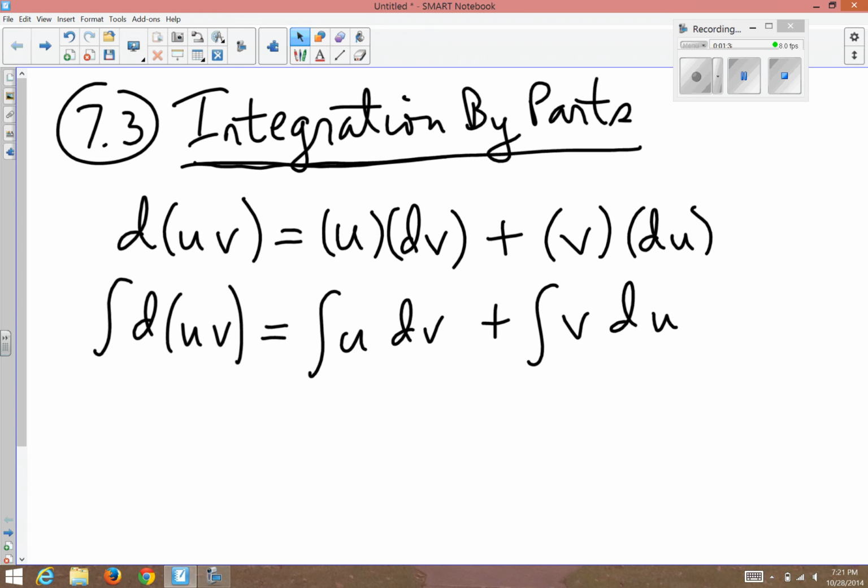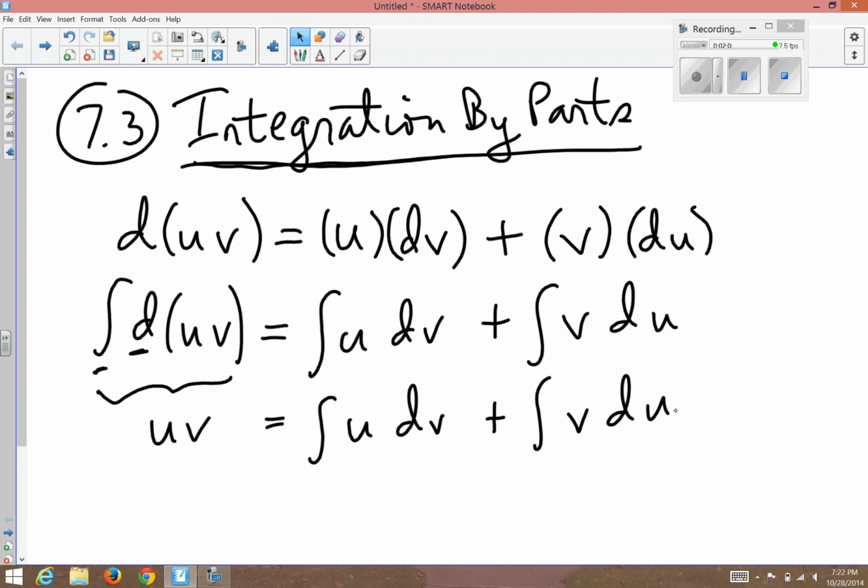So when I say antiderivative instead of derivative, here I'm going to say the antiderivative of the derivative of uv. We'll just say that's uv. And I'm going to copy all the rest of this: the integral of u dv plus the integral of v du.